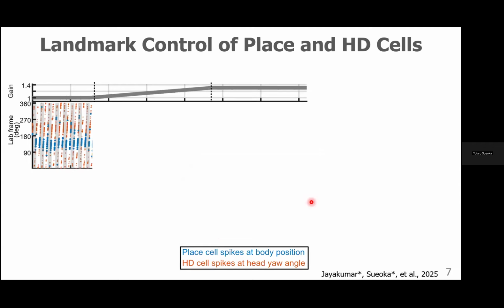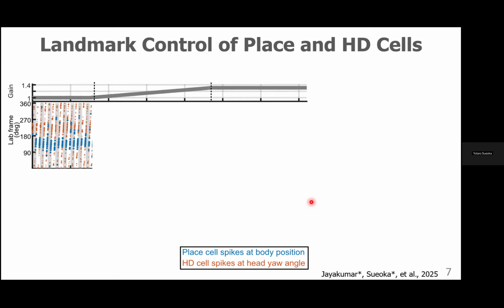Okay. So first, we focus our analysis on epochs 1 through 3 when visual landmarks are present. On the top, I'm showing the experimental gain profile where we start at a gain of 1, where visual landmarks are stationary, and ramp up the gain to a value of 1.35. And on the bottom, I'm showing a spiking plot of 2 example cells that were simultaneously recorded in this session.